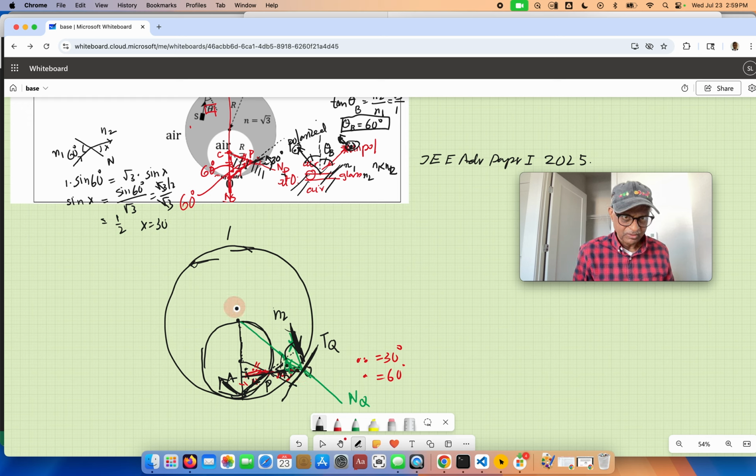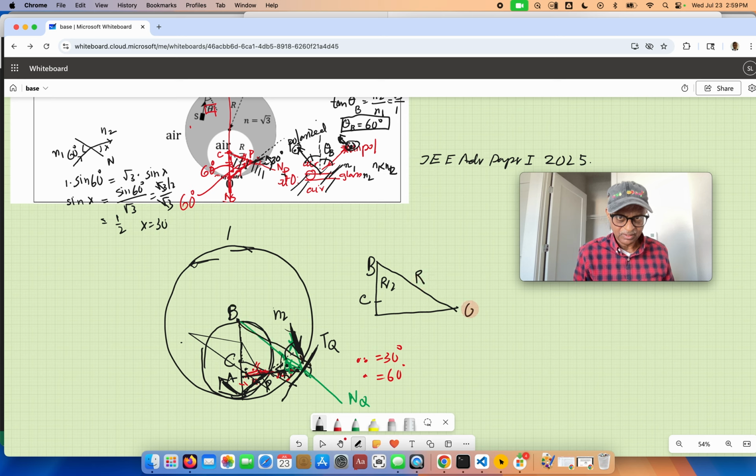So let's call this guy B. So we have B, A, and let's call this guy C. So I have B here, C here, that's R over 2, and I have this from B to Q is R because it's the bigger circle radius, and we want this angle.